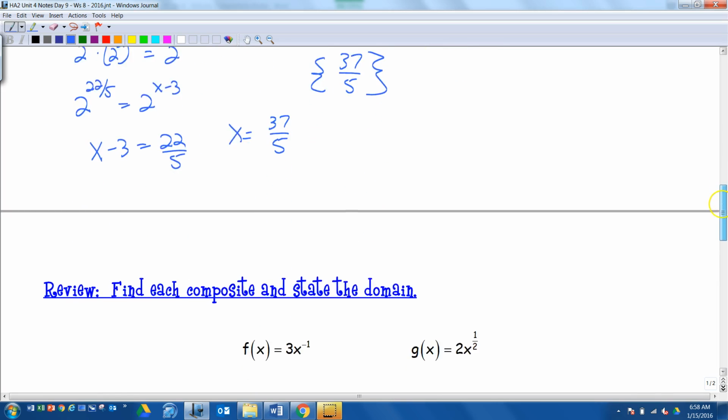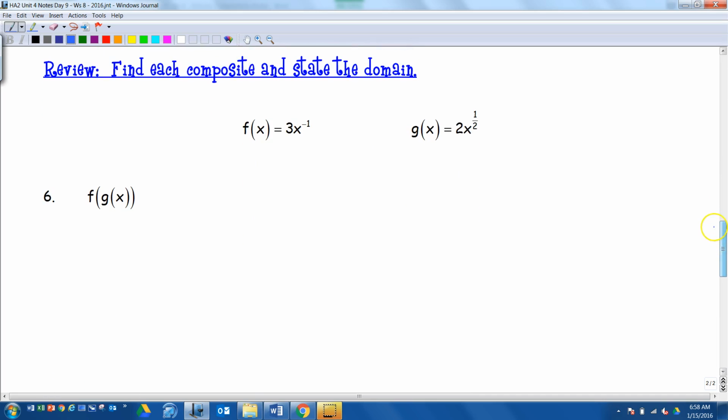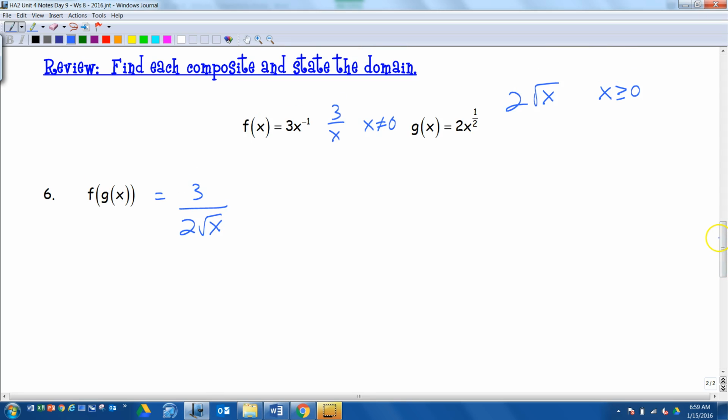On the back we have a little bit of review for find each composite and state the domain. Again, I'm going to rewrite these so I can look at the domains. This is the square root of x, so x can be greater than or equal to 0. Here it's 3 over x, so x cannot be 0. So f is 3 over x, so I'm going to do 3 over, and then instead of x, I'm putting in 2 root x. Okay, because that whole thing is to the negative power, so it goes down.